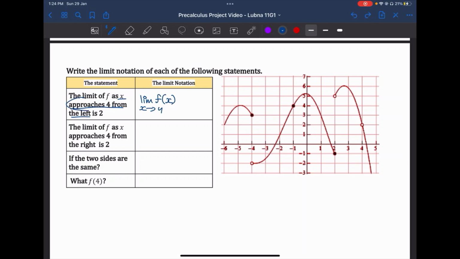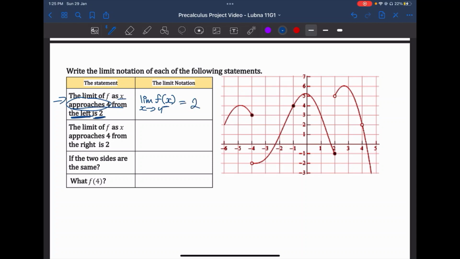Approaches means arrow sign, and from the left side, which basically means negative sign on top of 4. If it was right, then it would be positive sign. Is 2, which means is equal to 2.